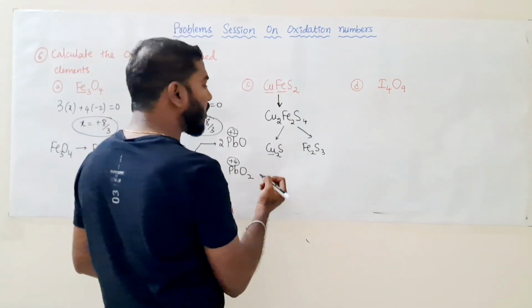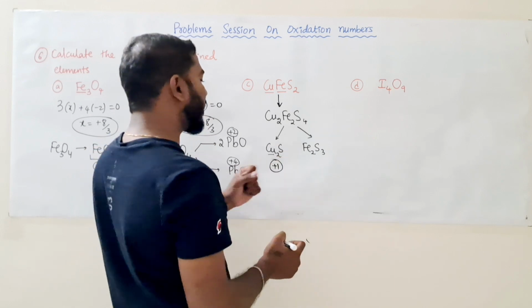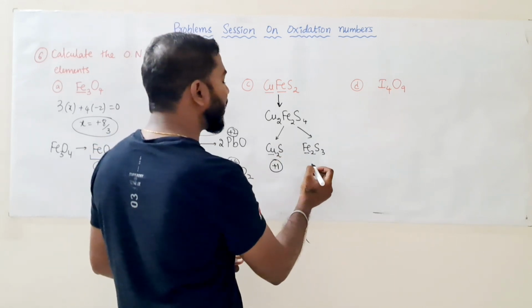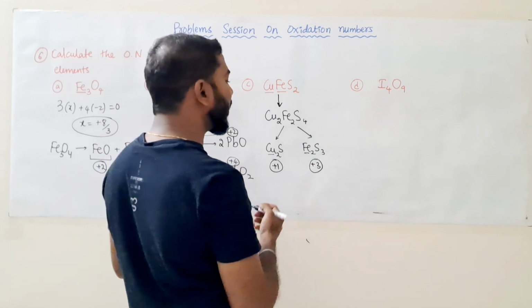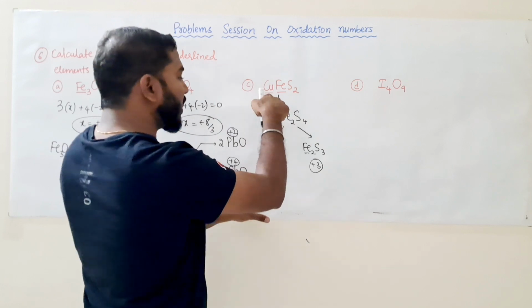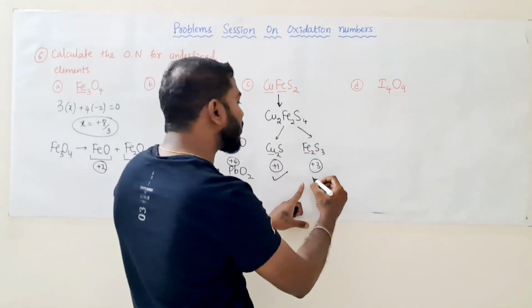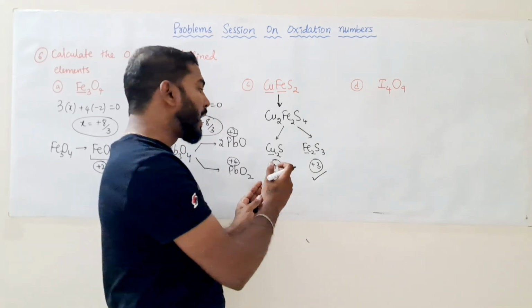Here we calculate the copper oxidation number as +1 and iron's oxidation number as +3. If we particularly want copper's oxidation number, we go with +1, and for iron, +3.